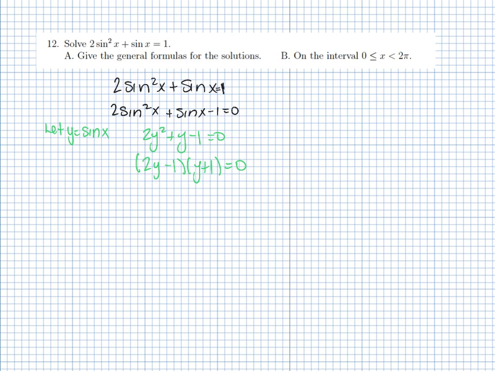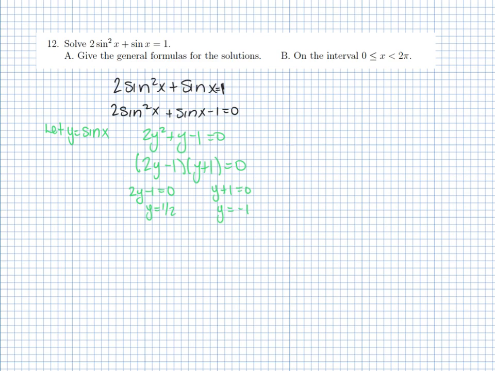So remember that 0 is a special number in the real numbers. It's the only one where if I have a product of two numbers that equals 0, one of them has to equal 0. So 2y minus 1 equals 0, y plus 1 equals 0. This means y is 1/2, and this means that y is negative 1.